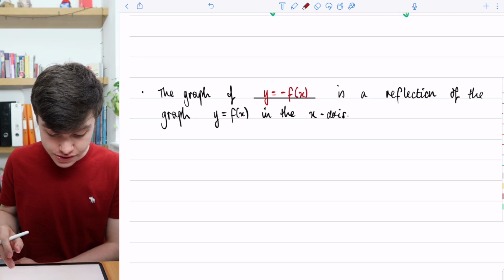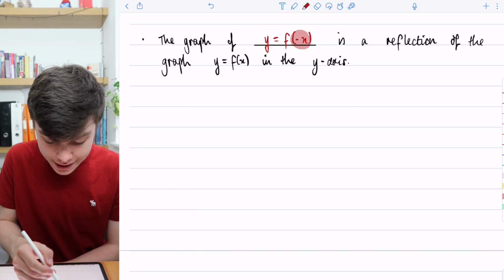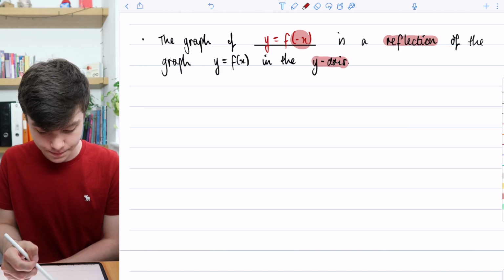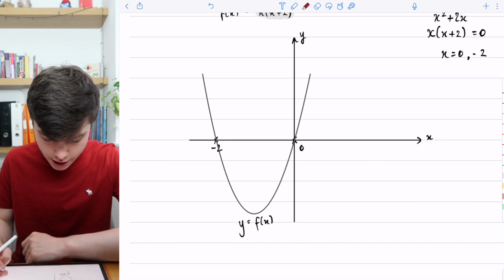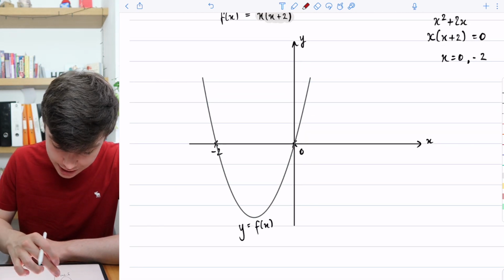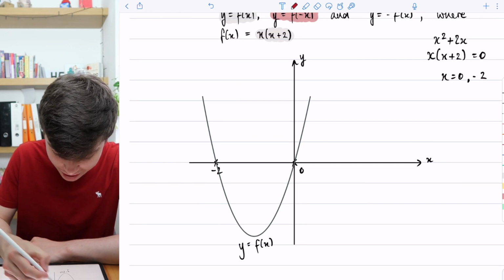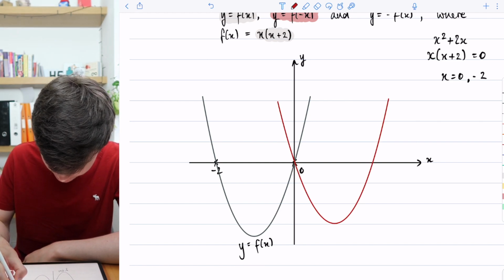Going back to what I just said, if we have a minus with the x here, that is a reflection in the y-axis. So minus x, we're going to reflect in the y-axis. I'll do it in red, a graph that is reflected in the y-axis, so it's going to look something like that.